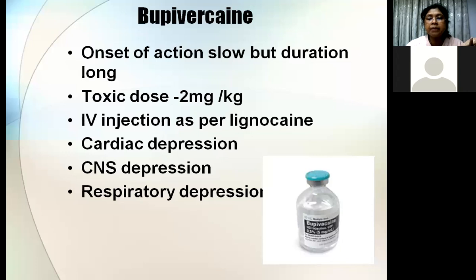And if a patient arrests with bupivacaine toxicity, you will not be able to resuscitate that patient for a very long time until that bupivacaine is metabolized out of the body. So that is why you should be very careful when you're giving a local anesthetic, especially bupivacaine, to aspirate and make sure that you don't put it into a vein or an artery.